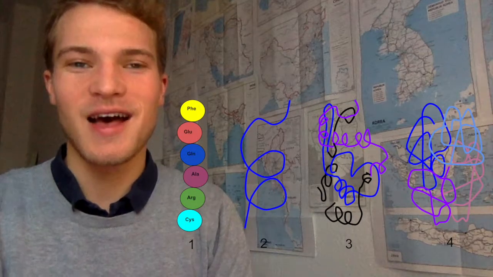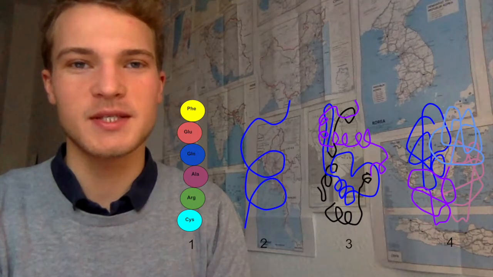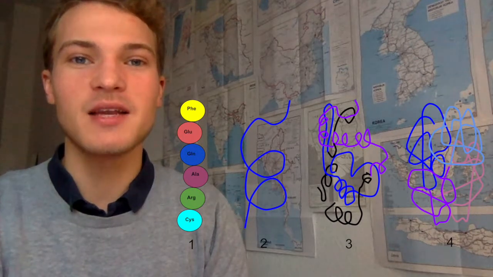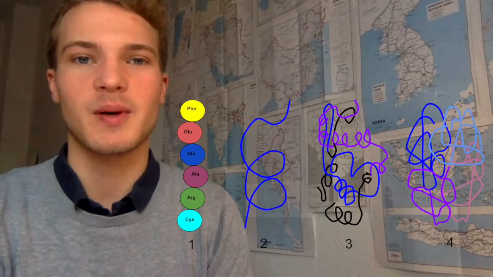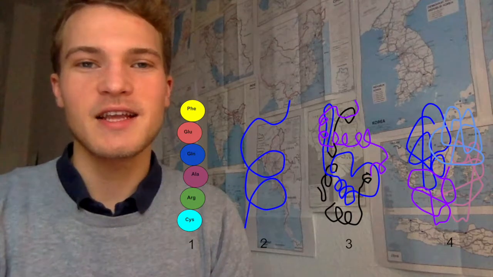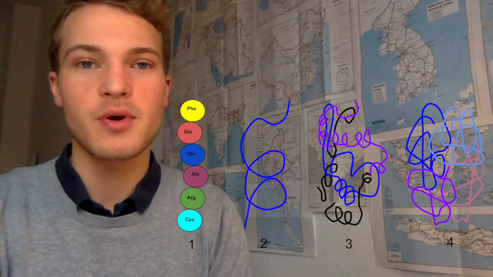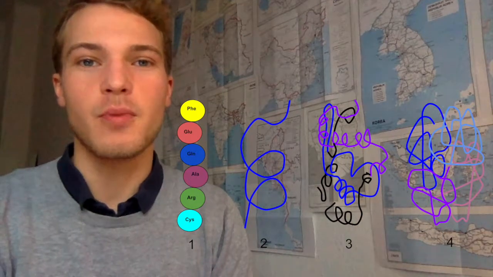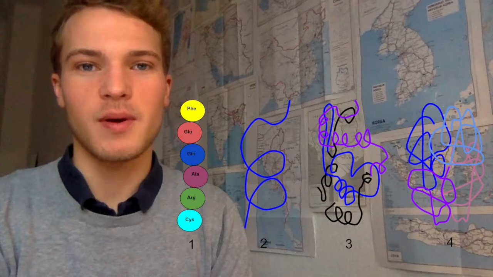But we have a quaternary structure in some complex proteins, and that is when we combine multiple tertiary structures together, so multiple polypeptide chains. And that can even be combined with what's called a prosthetic group. So that is a non-polypeptide molecule that combines with our polypeptide chains.